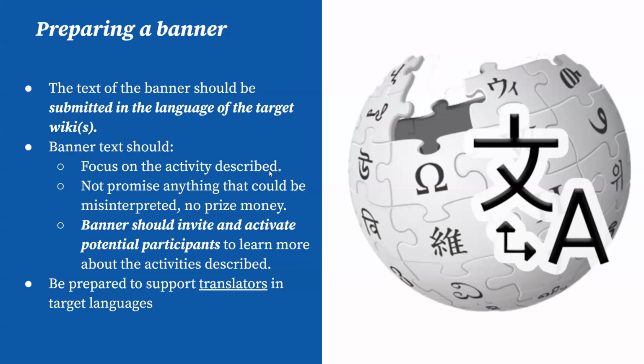We also ask you not to make promises that could be monetary things like prices or any other things that could confuse people in what they actually are supposed to do. Instead, we want the banners to invite and activate potential participants to learn more about what you want to do.